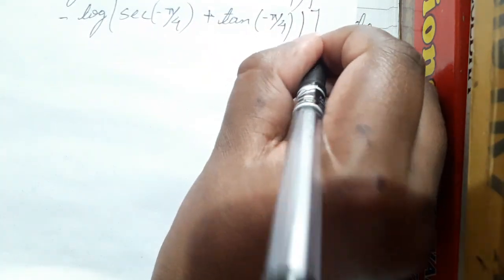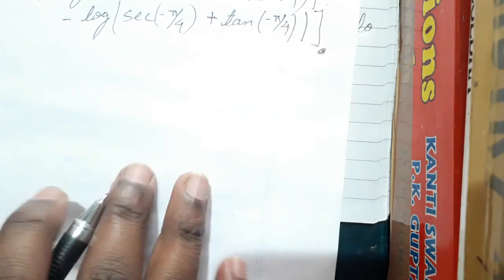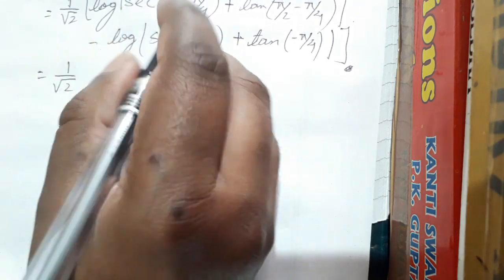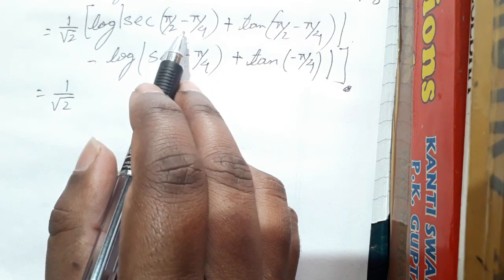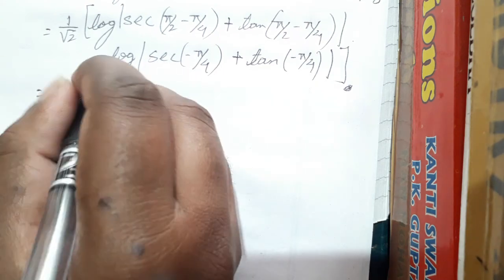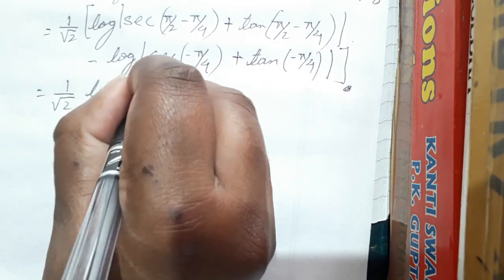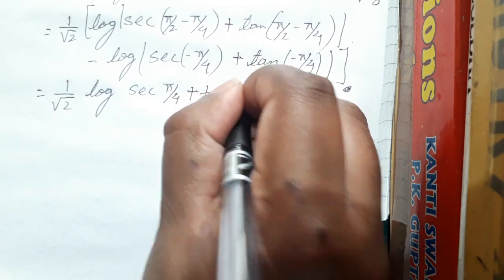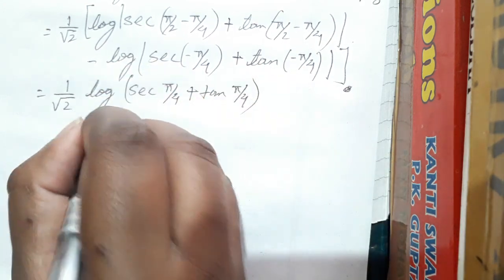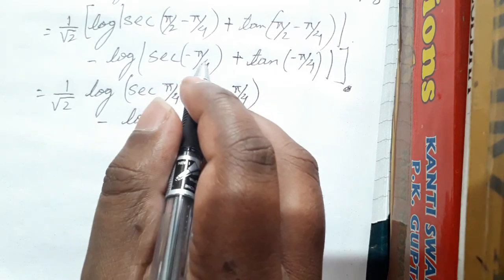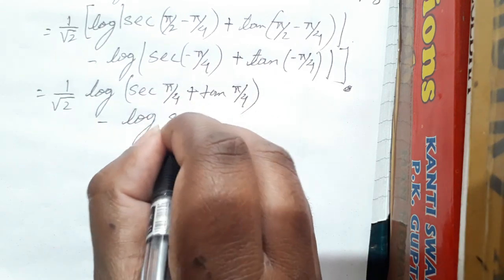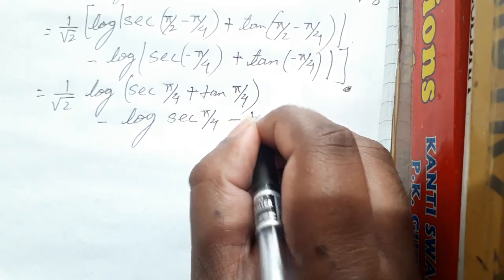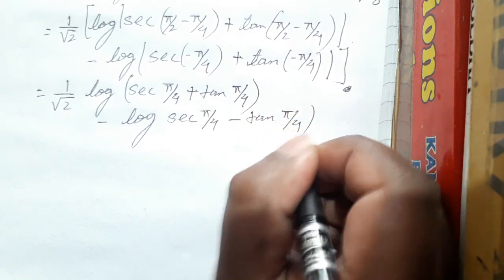Now if I do the LCM here, I'll get pi by 4. So we get log sec pi by 4 plus tan pi by 4, minus log sec of minus theta is sec theta, so sec pi by 4, and tan of minus theta is minus tan theta, so minus tan pi by 4.